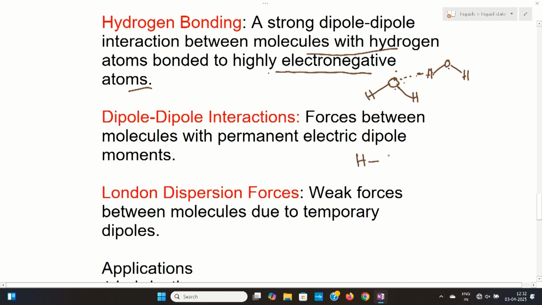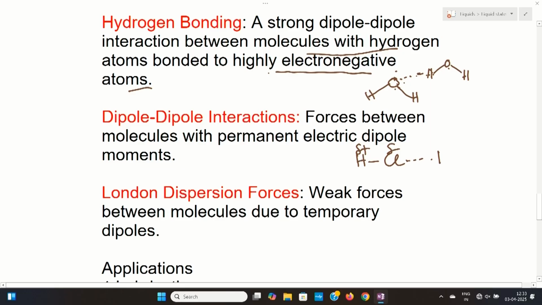That means, if we take an example of HCl, there is a separation of charges: this hydrogen has a partial positive charge and this chlorine has a partial negative charge. This is the dipole-dipole interaction. So, these dipole-dipole interactions are also present in the case of liquids.